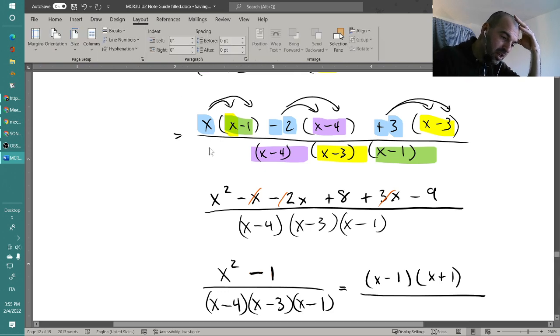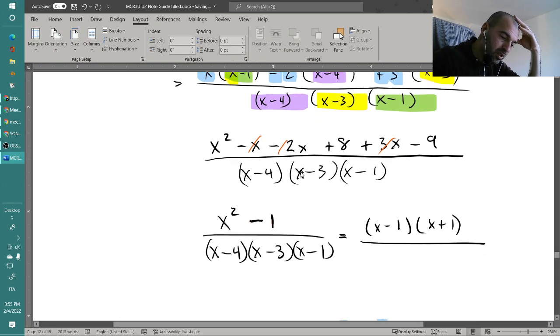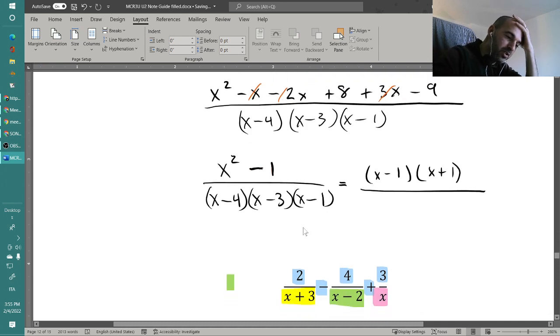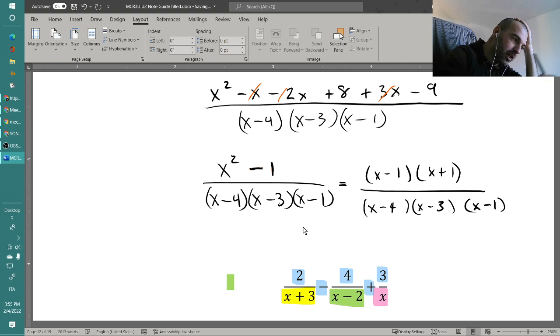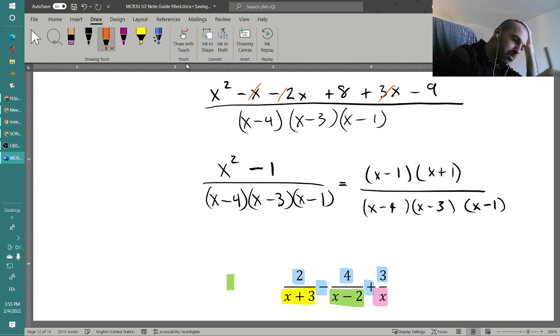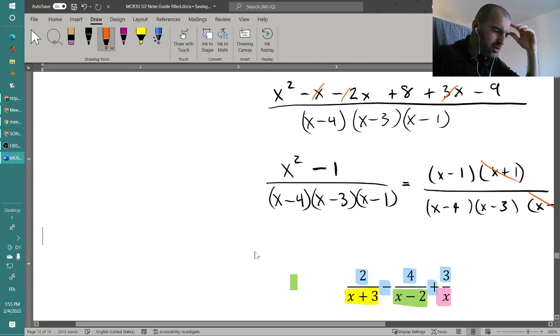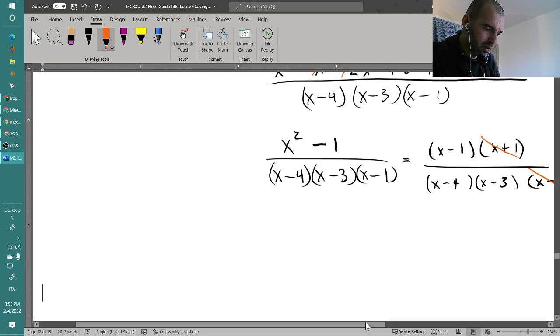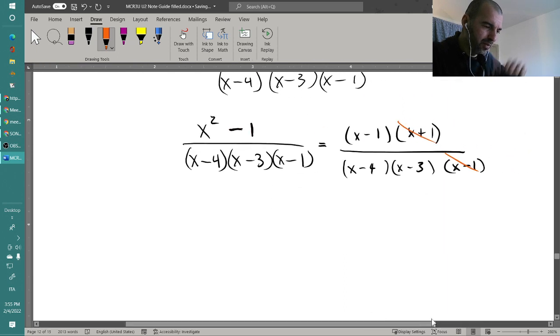And you're going to see that, by sheer coincidence, I got a common factor in the numerator and the denominator. Doesn't always happen, but sometimes it does. And there's our final answer there. Let me move that one away. And we're done.